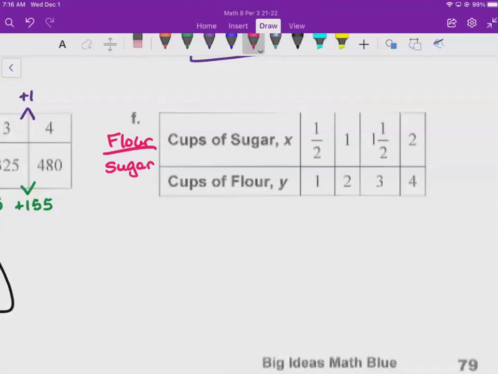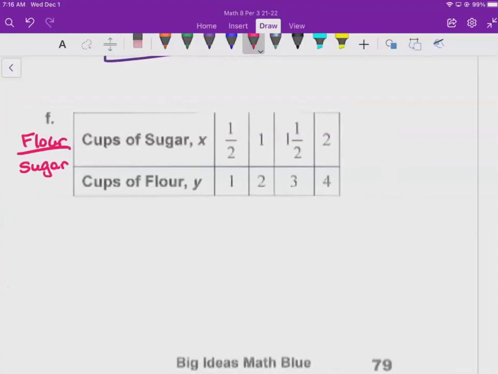So first thing we're going to look at here is we've got plus 1, right here plus 1, right here plus 1. We're going to go up to the top and this is plus 1/2. And this is plus 1/2.